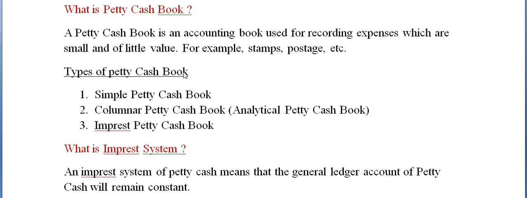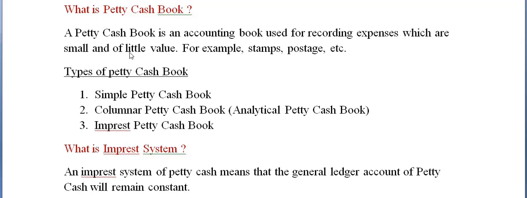Why? Because in an organization, a very large organization, the miscellaneous items or the small expenses are to be recorded separately. They wish to record those miscellaneous or petty expenses separately.